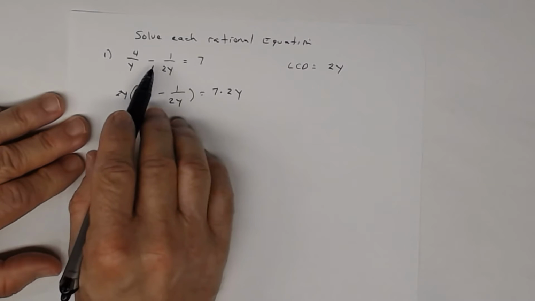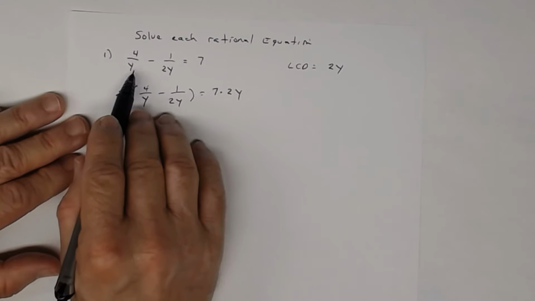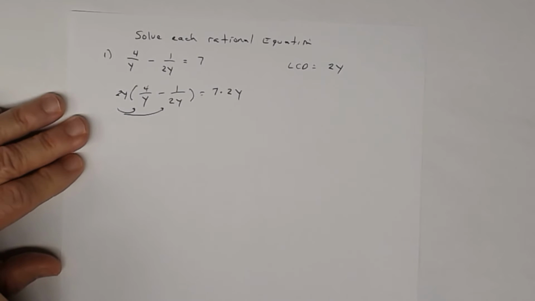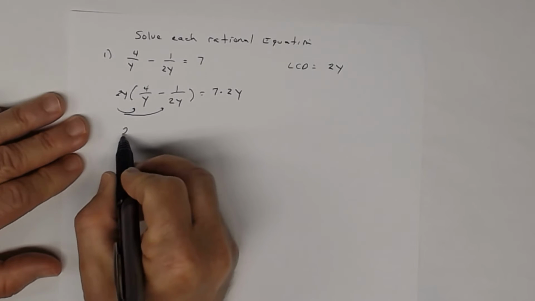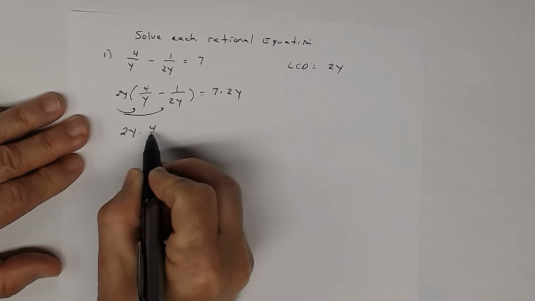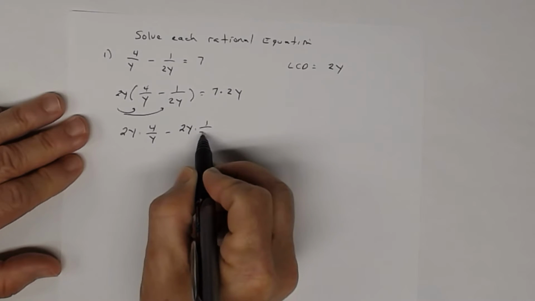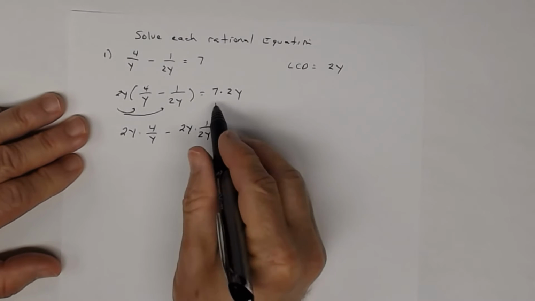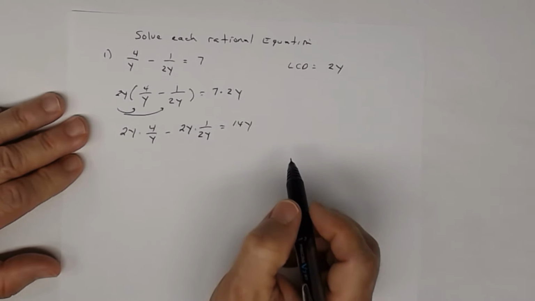Notice that I put the left side in parentheses because there's more than one term. All of these terms have to be multiplied by the least common denominator. So I'm using the distributive property now. So I get 2y times 4 divided by y minus 2y times 1 divided by 2y equals, and then I'll just rewrite this as 14y. 7 times 2y is 14y.